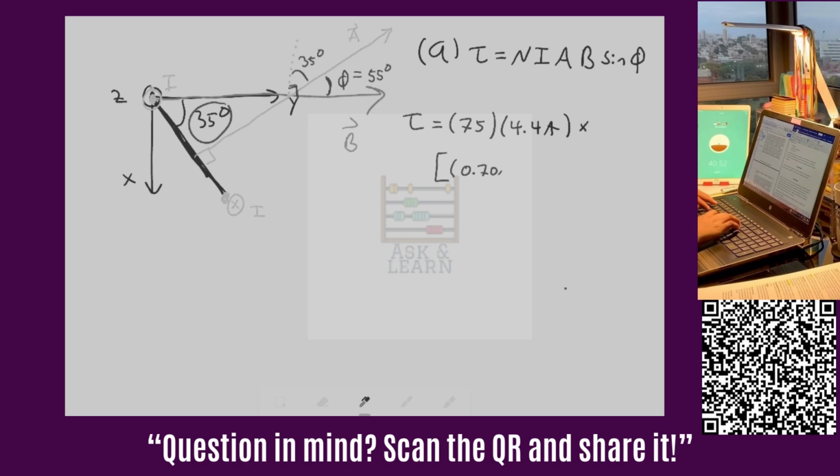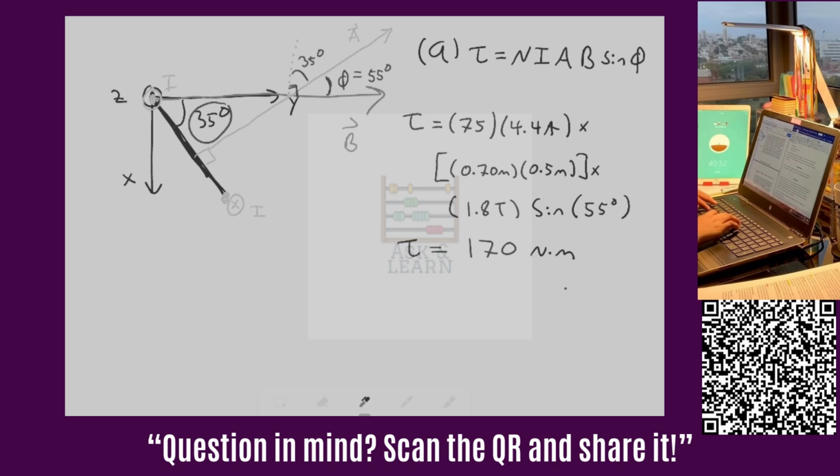So 0.7 meters multiplied by the width, 0.5 meters. Then we multiply that by the magnitude of the magnetic field, the 1.8 teslas. And then we multiply that by sine of the angle we just found, which is 55 degrees. Putting all that into our calculator, we get that the answer is about 170 newton meters of torque that this coil is experiencing at this moment.